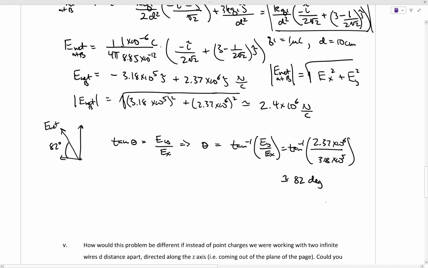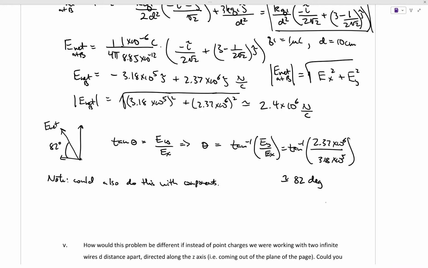You could also do this same kind of problem without using the unit vector, but using components, in which case we would have to figure out what the angles are. Let me just put a note here. So you could also do this with components.